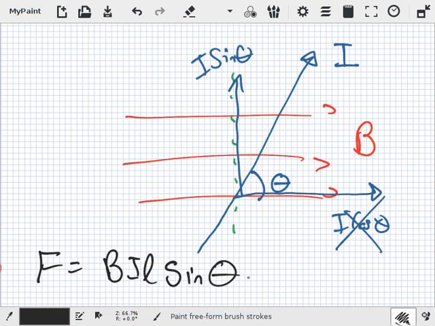The field has to be perpendicular to the current. The current and the field have to be at 90. If they're not at 90, if they're at theta instead, we use this.